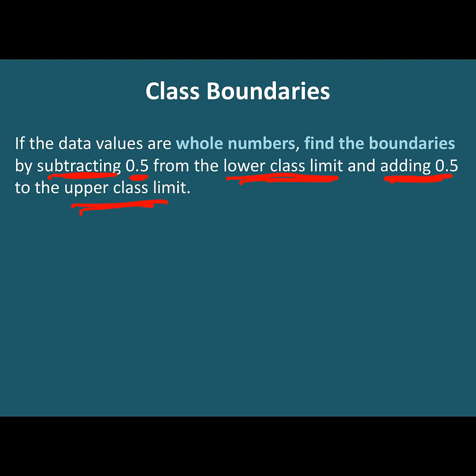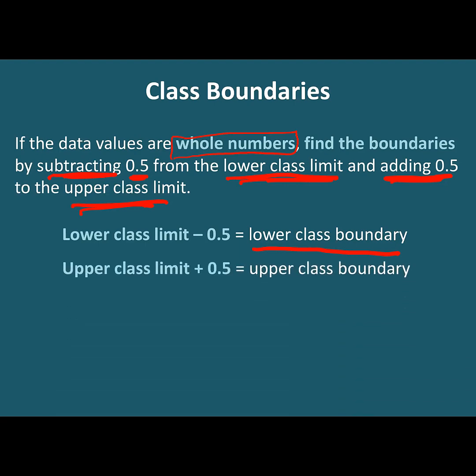Please only do this if the data values are whole numbers. So again, if the data values are whole numbers, take the lower class limit and subtract 0.5. That will give you what's known as your lower class boundary. Also, take your upper class limit, add 0.5, and that will be known as your upper class boundary.